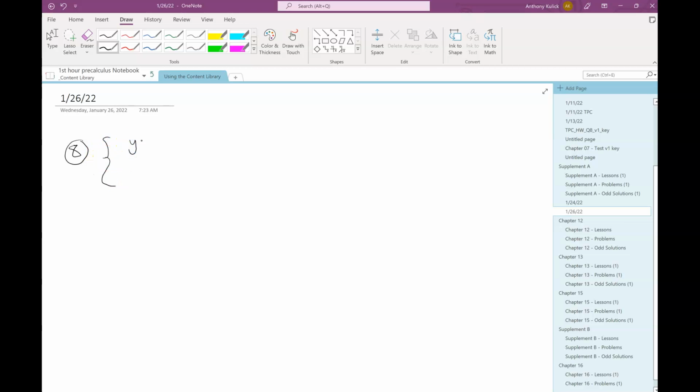All right. So the system here for 8 is this one. I'm going to start by rearranging these bottom two inequalities so that they're in slope-intercept form.